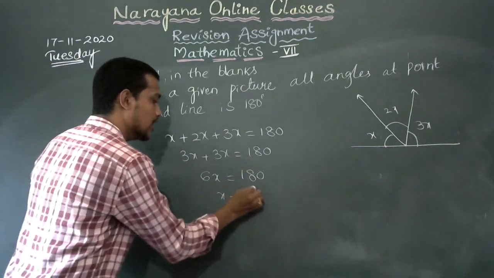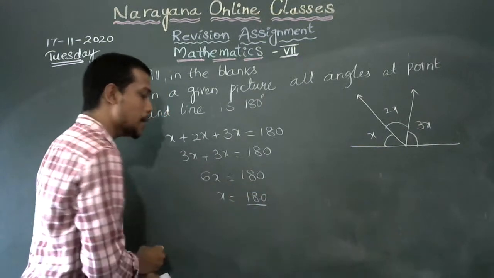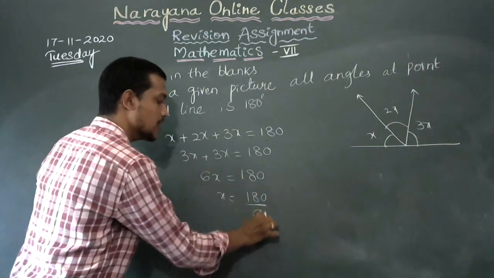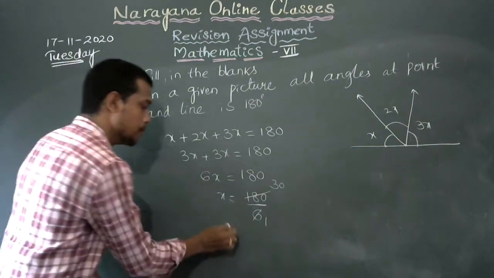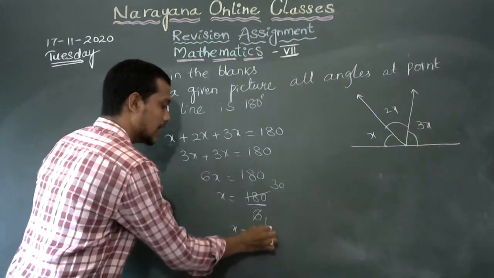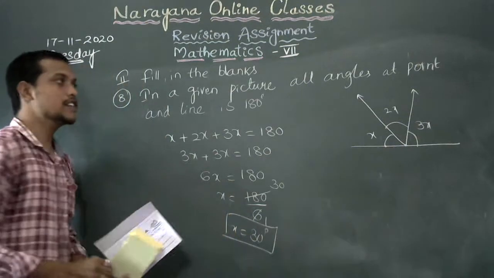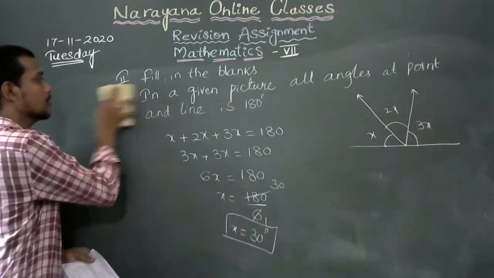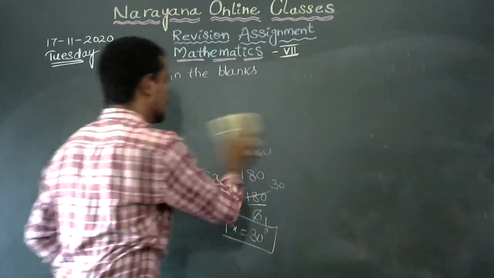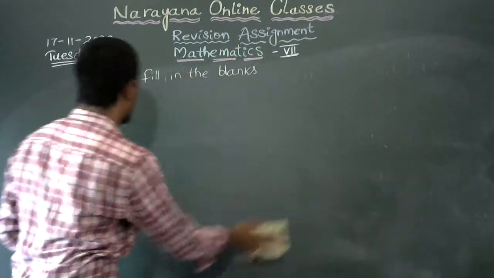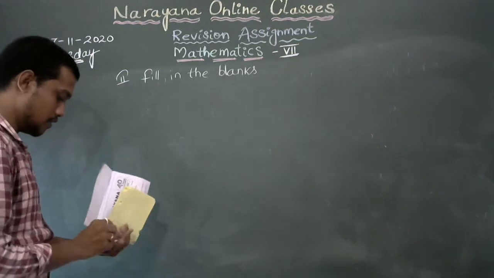So x equal to 180 by 6. 6 ones are 6, 6 3s are 18, no. x equal to 30 degrees. So this is the x value. Now 9th question.